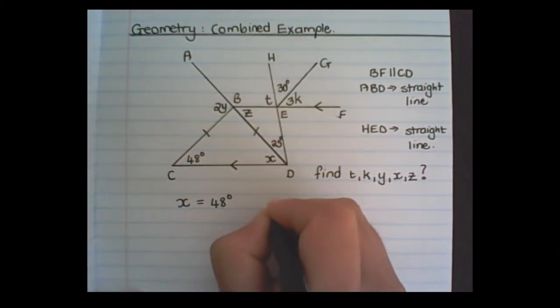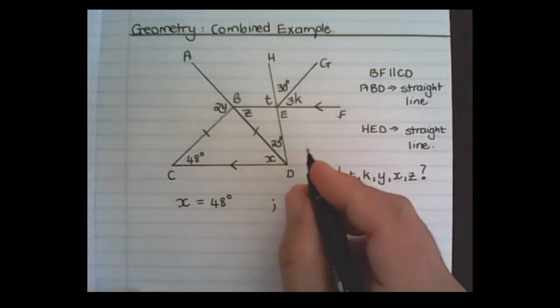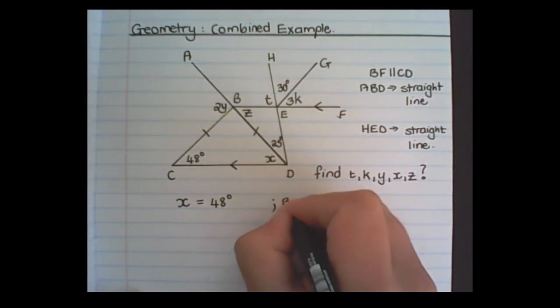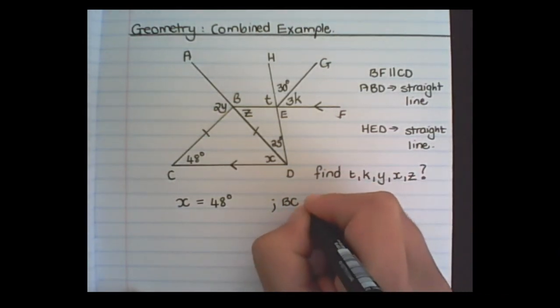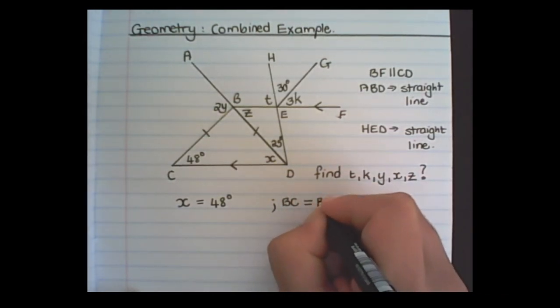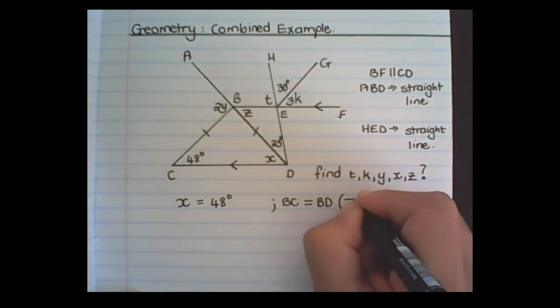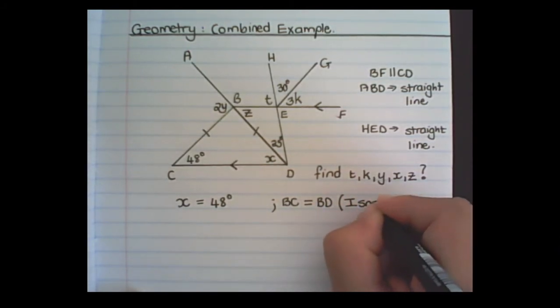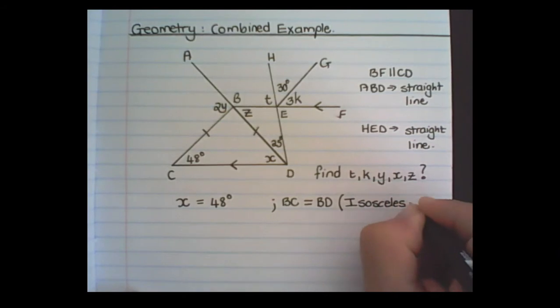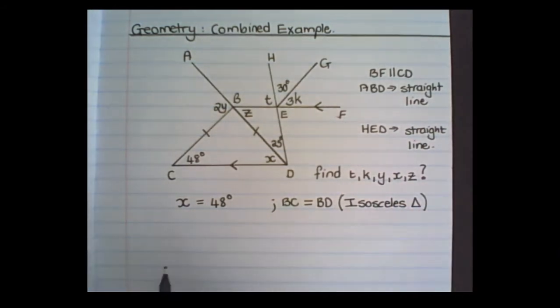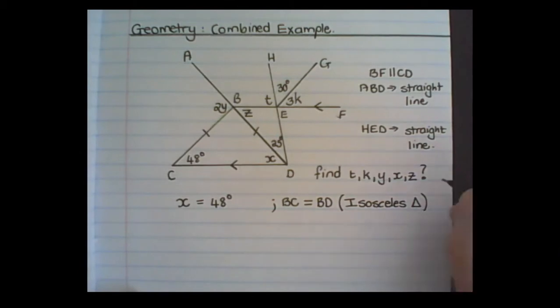And the reason why X is equal to 48 degrees is because the line BC is equal to the line BD. It's an isosceles triangle. Remember, in geometry, we need to state a reason why this is true. Now I'm done with X.